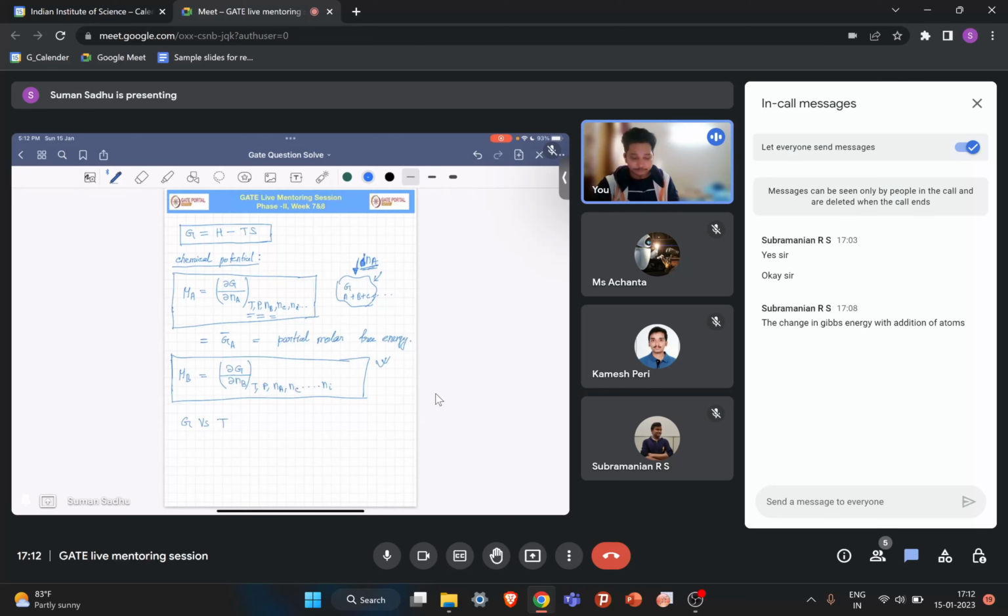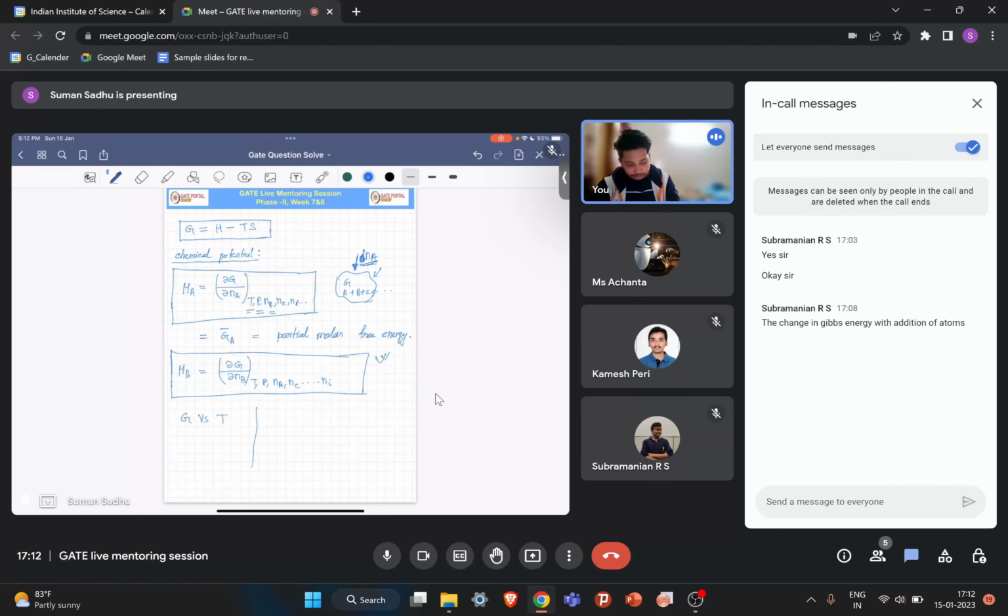Free energy decreases with temperature because G is H minus TS and the slope is minus S. With temperature S is positive, so the slope, minus S, is negative.